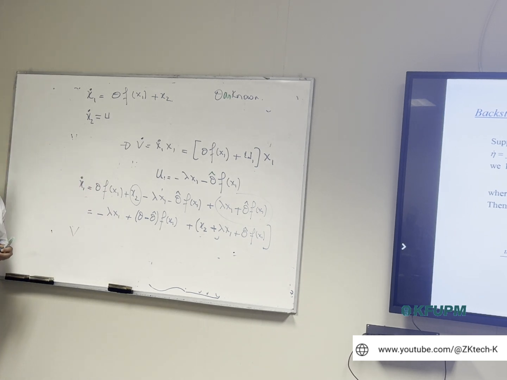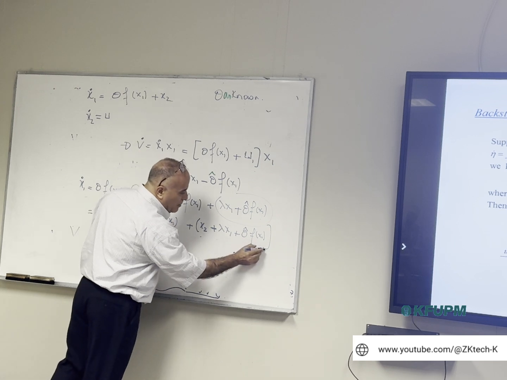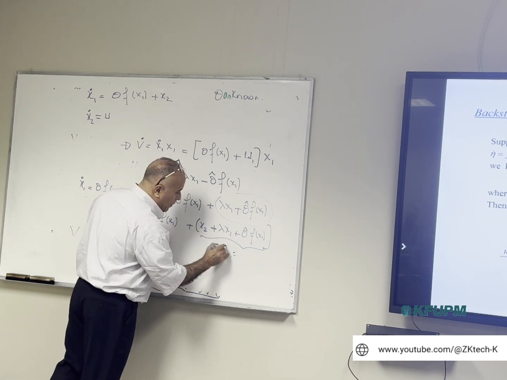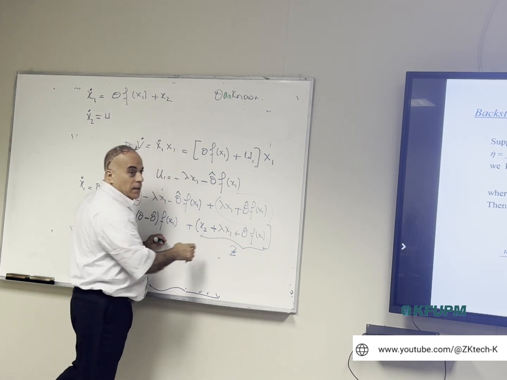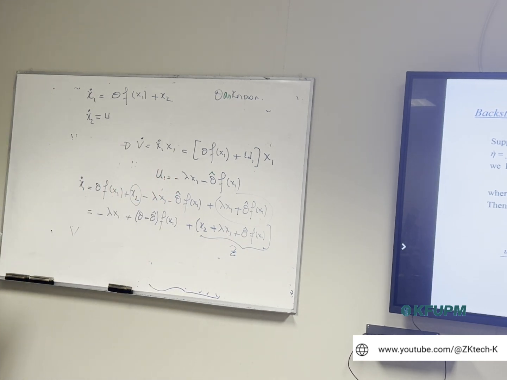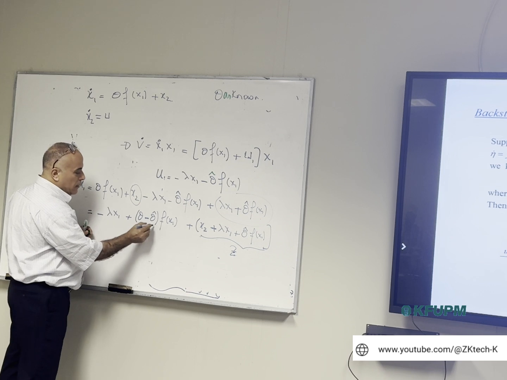You agree with this? Yes. So this is your new z. It's the same thing as before, as we did in the previous example, except now rather than having theta, we have theta hat. We know this. Exactly. We are going to call this, as we did before, theta tilde.